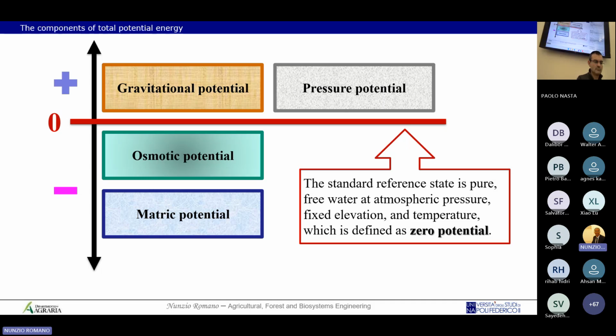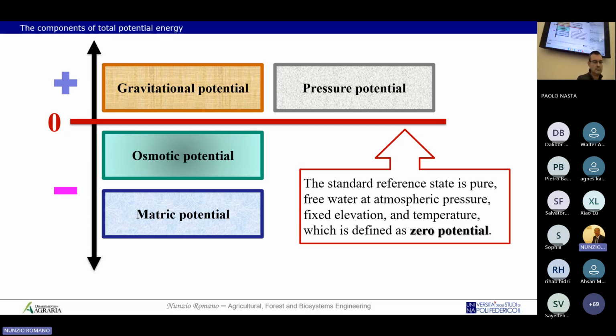In this slide, I try to summarize the sign of this potential energy, because we will see that the gravitational potential and the pressure potential they both have a positive sign.